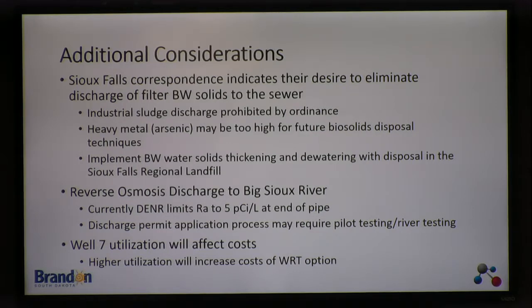What are the limitations of that? And then finally, if you utilize well 7, it certainly will affect costs, either with higher amounts of HMO required, or if the WRT option is utilized, there are costs associated with that. And it's just a recognition. It's not necessarily an advantage or disadvantage. It's a recognition.